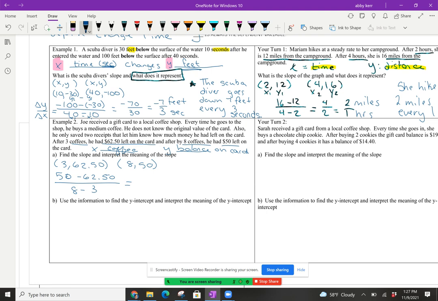So you want to make sure that you simplify this to 1 coffee instead of over 5. So we have 50 minus 62.5, which is negative 12.5 over 5. Now put that into any calculator that you have, and you're going to get negative 2.50 over 1. Now what does that mean? It means the balance on the card is decreasing $2.50 for every coffee.